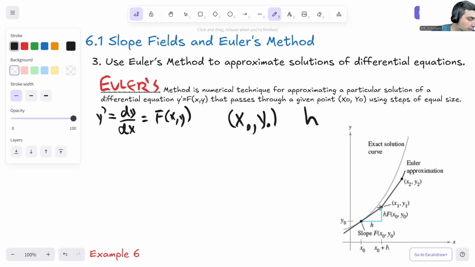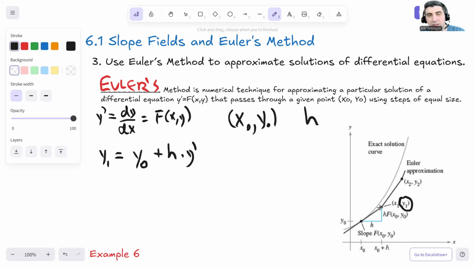So the process here is that y1 is equal to, now what we're talking about here, y1 is not the first point, that's actually the second point. You could think of it as the point you would get when you take the first step. That's equal to the first y value, or your initial condition, plus h times y prime.